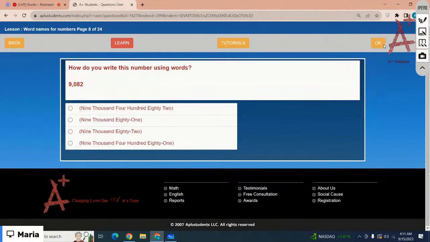How do you write this number using words? Which is the correct option? Yes, that is 9082.